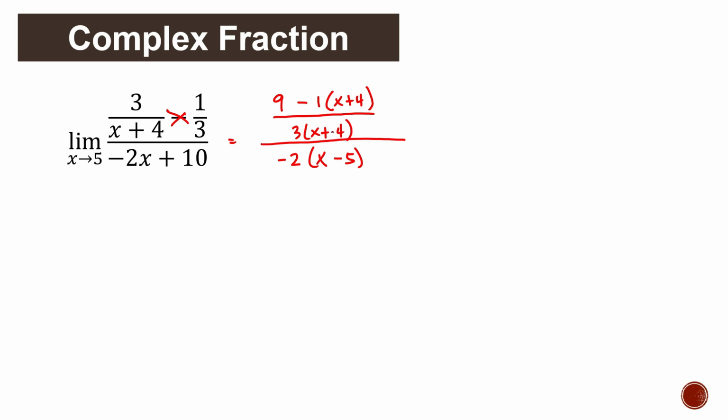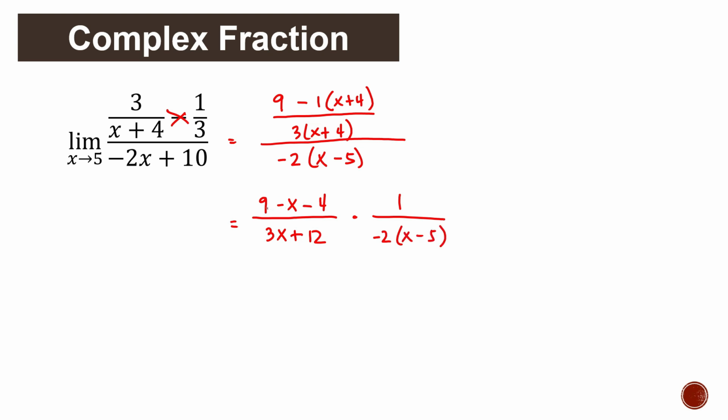So we will multiply that by the reciprocal of the denominator. So our denominator is only negative 2 times x minus 5. So this will be equal to 9 minus x minus 4 over 3x plus 12 times 1 over negative 2 x minus 5.